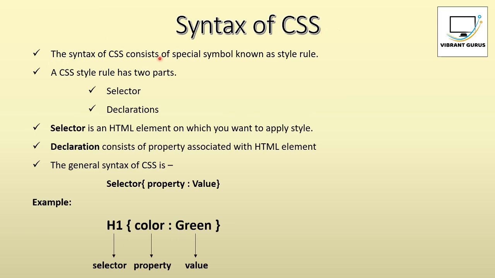Syntax of CSS. The syntax of CSS consists of special symbol known as style rule. A CSS style rule has two parts. First is selector and second is declaration. Selector is an HTML element on which you want to apply style.